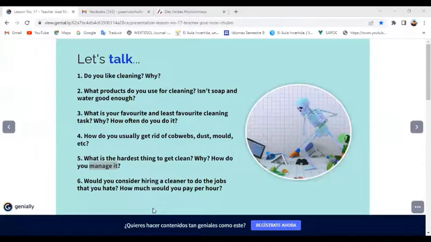Well, I find the hardest things to get clean are the casseroles and pans that have a lot of oil. It's complicated cleaning these kinds of dishes.